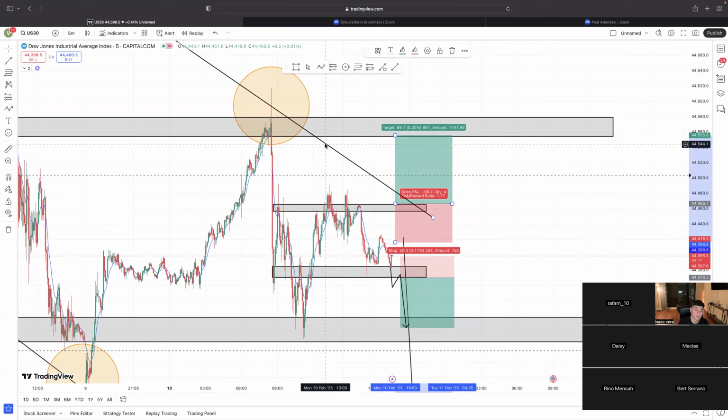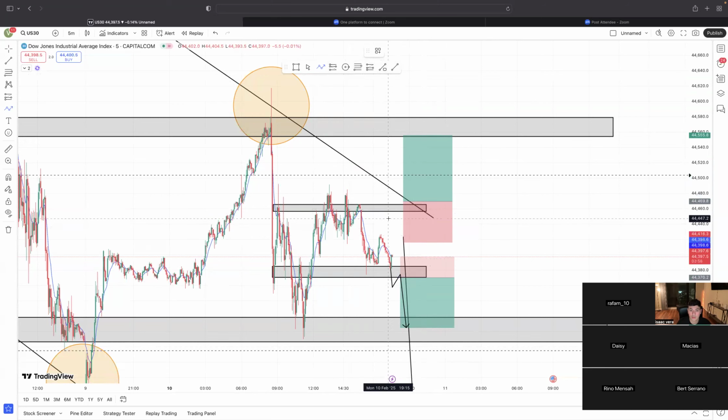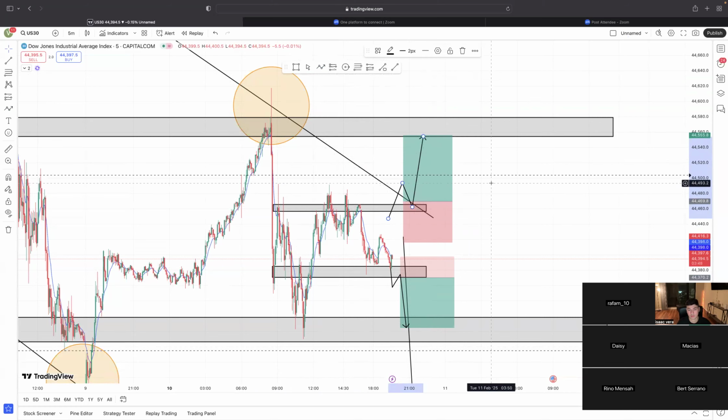Once I go to the 5 minutes and look for my entry and my support and resistance, I will target the next support and resistance formed on the 15-minute time frame. So in this scenario, if the price were to just shoot up, I would expect the price to break above resistance, come back down, retest this resistance right here, and then go up to the next resistance right here.